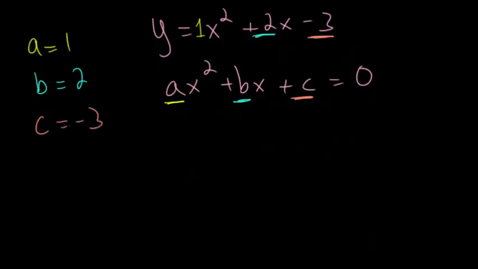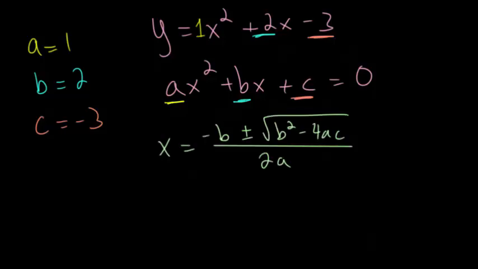And then let me just quickly rewrite the quadratic formula since we're going to use it. With this quadratic formula, we now just need to plug in anywhere we see a, b, or c. We need to exchange it for a equals 1, b equals 2, and c equals minus 3. So let's do that.